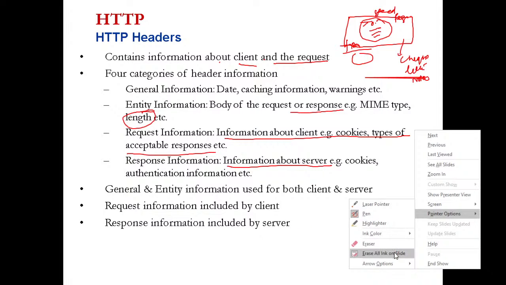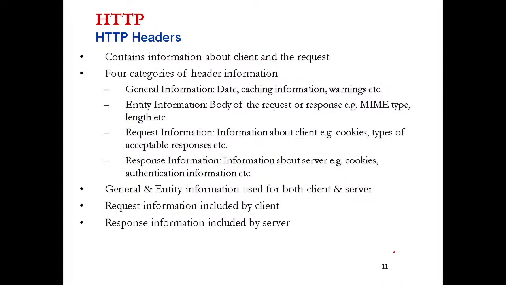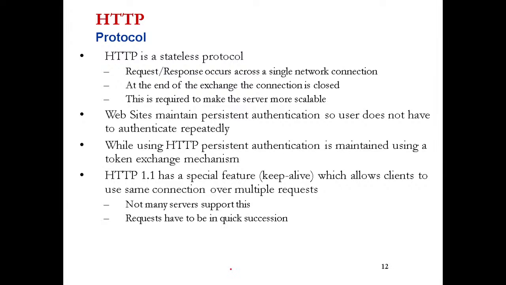Means first where we want to send this letter and who is going to send this letter. General and entity information are used for both client and server. Then request information is included by the client and response information is included by the server. These are all the information which is available in the HTTP headers.